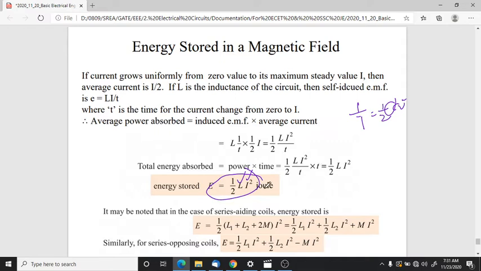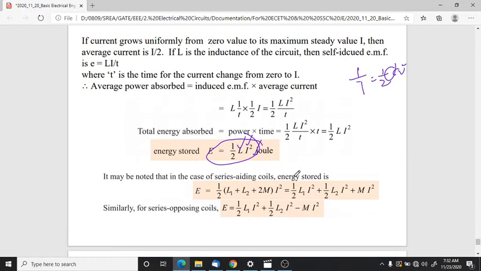That's why I squared is given, so you need to consider half L I squared. If both coils are connected in series aiding, the formula is half into L1 plus L2 plus 2M. If connected in series opposing, it is L1 plus L2 minus 2M.